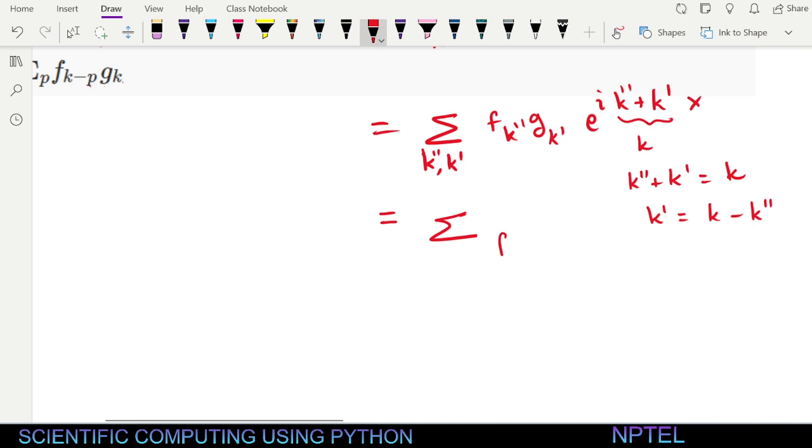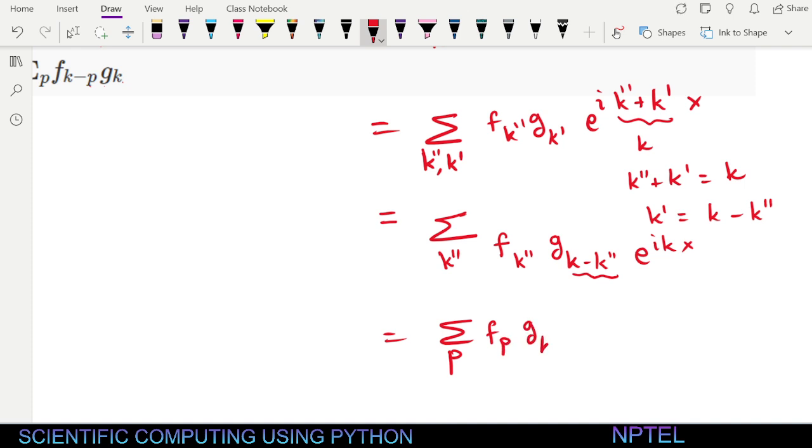So this becomes the sum over f of k double prime, g of k minus k double prime, e to the power ikx, and this is a sum over k double prime, right? Because this is in terms of k double prime itself, and they are just calling this k double prime as p. So it just becomes f_p g_(k minus p) e to the power ikx.